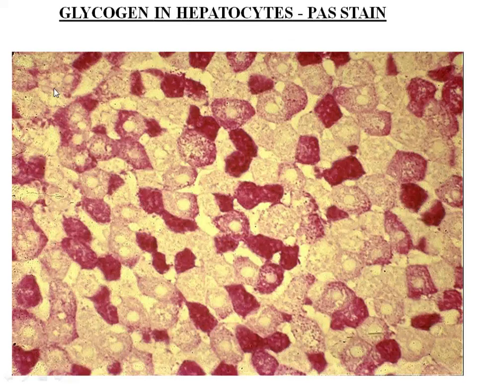Now if we want to see whether these glycogens are really stored in hepatocytes or not, you use the PAS staining technique, and that way you can highlight the presence of glycogen accumulated in the hepatocytes. All these violet color spots are glycogen granules accumulated in the hepatocytes.